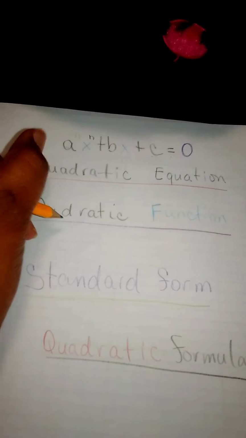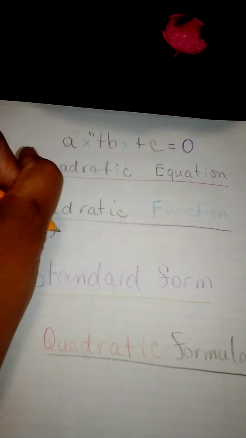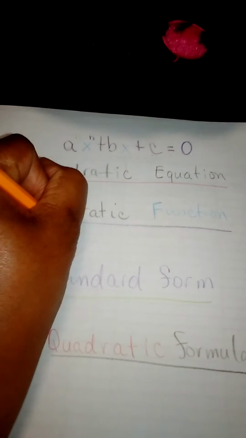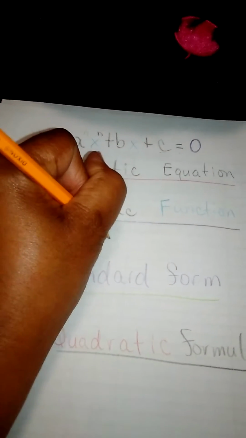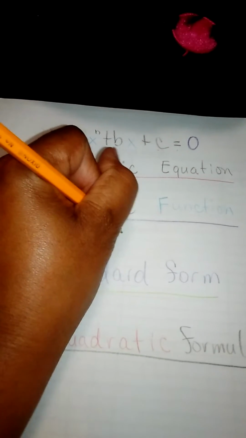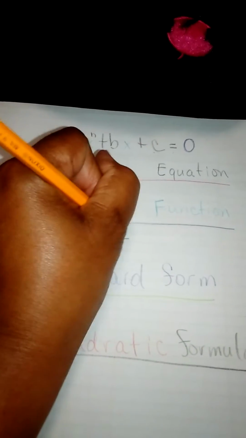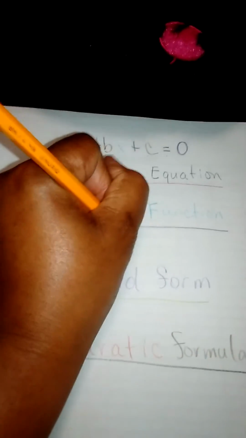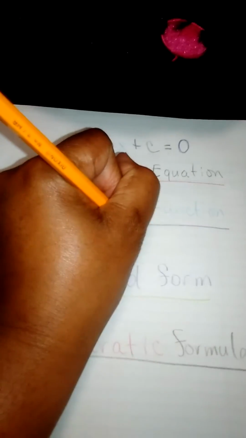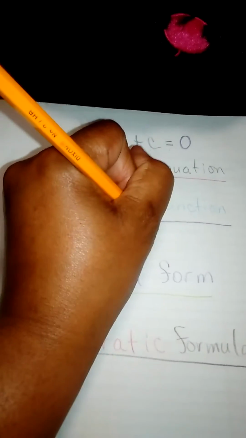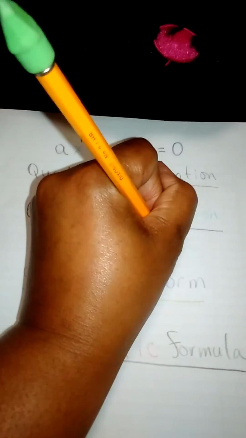But the quadratic function starts off a little different. We're going to use that f(x) on here, and it's also going to have a leading coefficient of at least 1, but it cannot be less than 1.